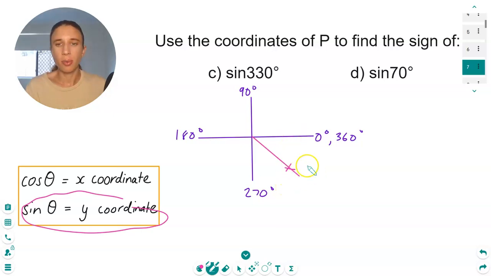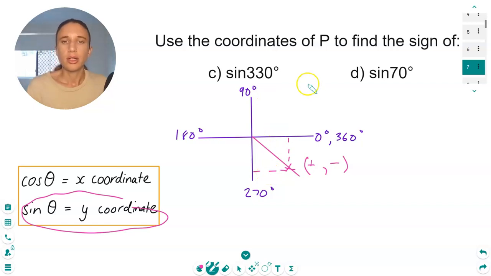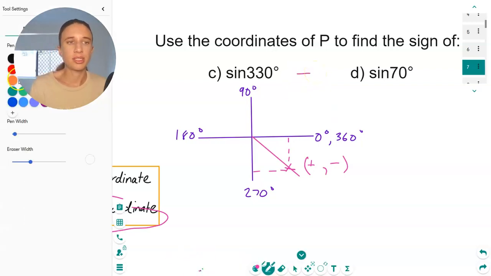So I know it's going to have a positive x value, right? If we put that there. But it is going to have a negative y value, right? It's going to have a negative y value. So sine 330 is going to be negative. I hope that makes a bit of sense.